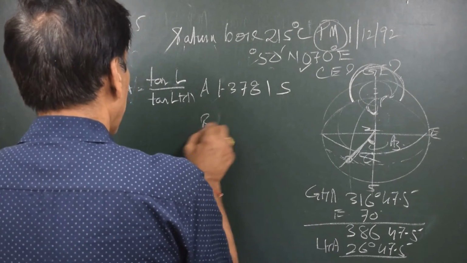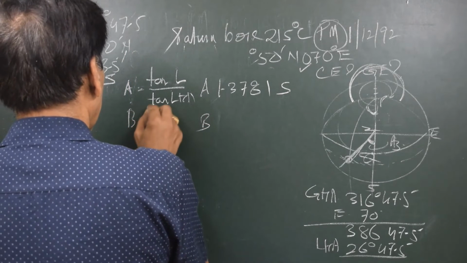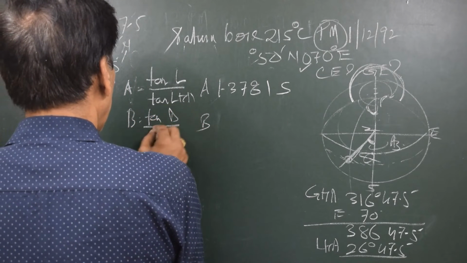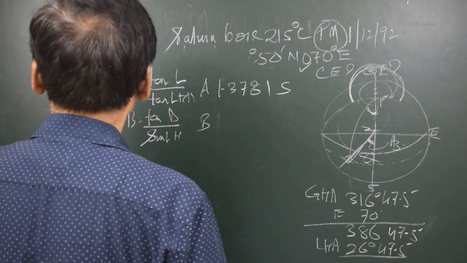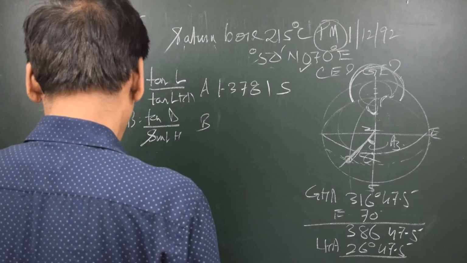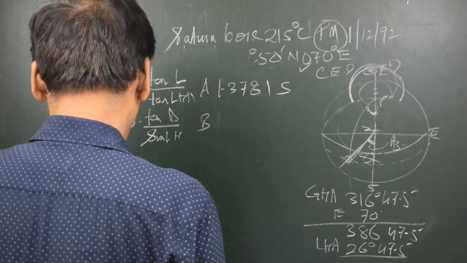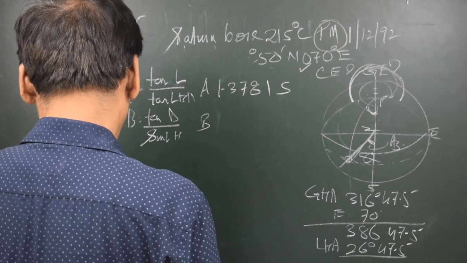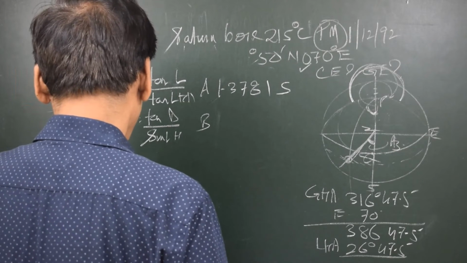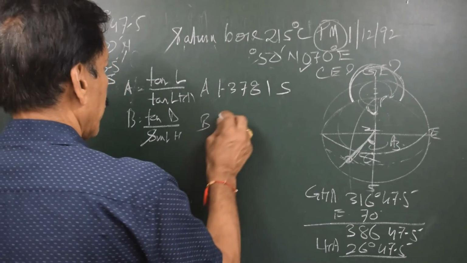Now B is tan declination upon sine LHA. So tan declination means tan 17 degrees 43.5 minutes. That gives me 0.7091.